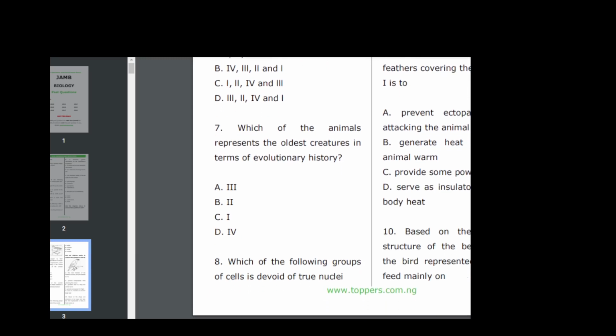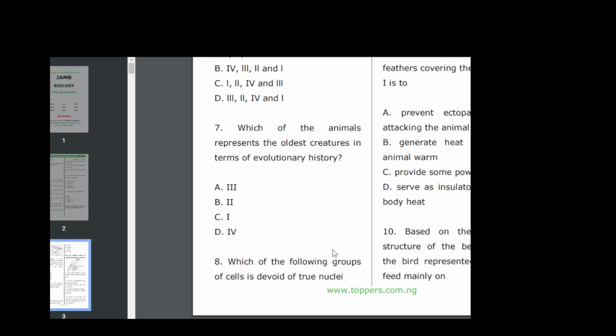The next question says, which of the following animals represents the oldest creature in terms of evolutionary history?